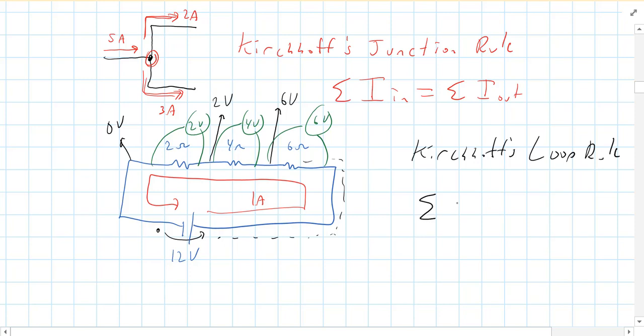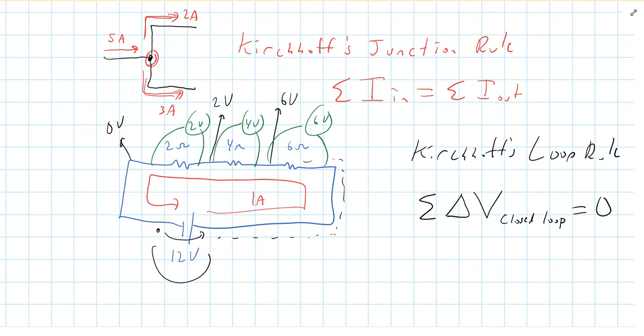The sum of the change in voltages around any closed loop, that means a complete lap, has to equal 0. So if you go up 12 volts here, you have to go back down 12 volts to get back to the battery. Okay, so we've got Kirchhoff's junction rule, and we've got Kirchhoff's loop rule.